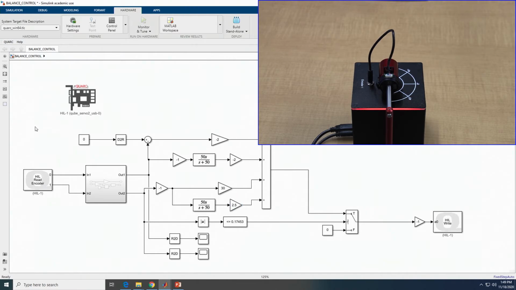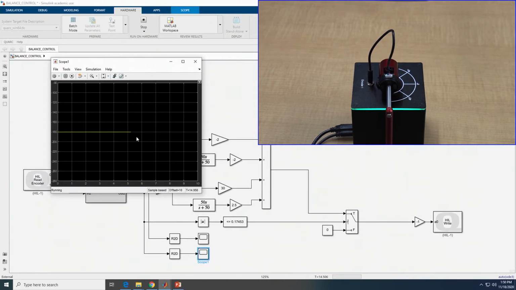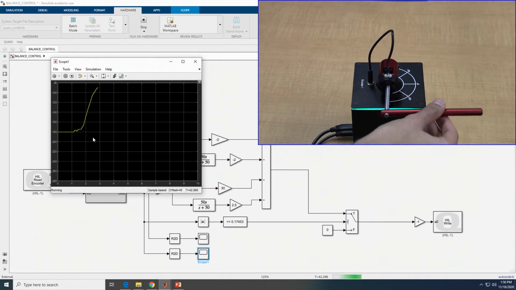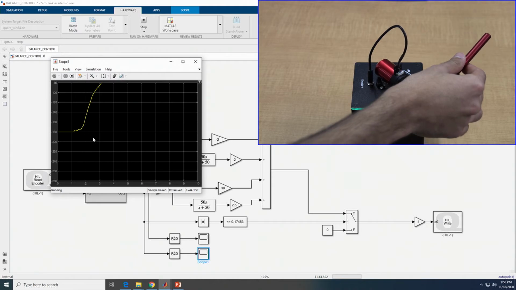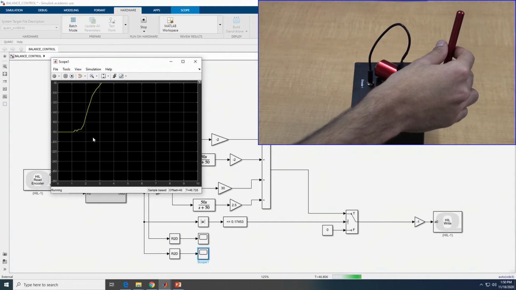So next I'm going to run the simulation. As you can see right now, the pendulum angle is at -180 degrees. So what I'm going to do is to rotate the pendulum so that its angle value falls in between the -10 to 10 range, and that is when the control input signal is activated.